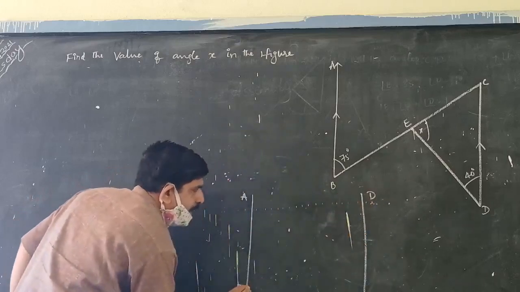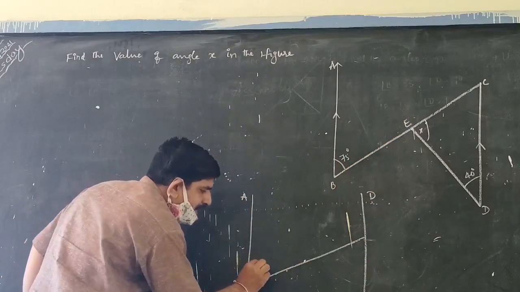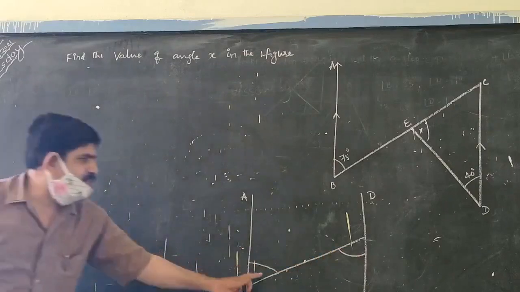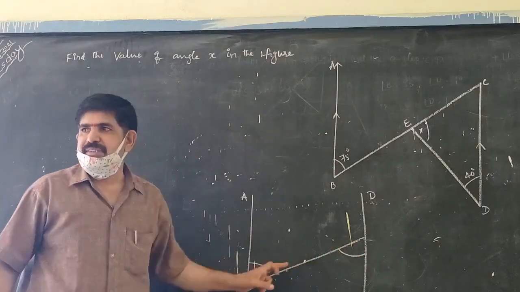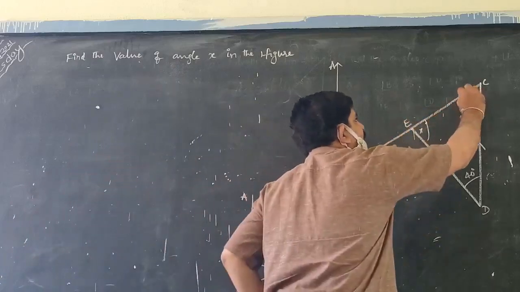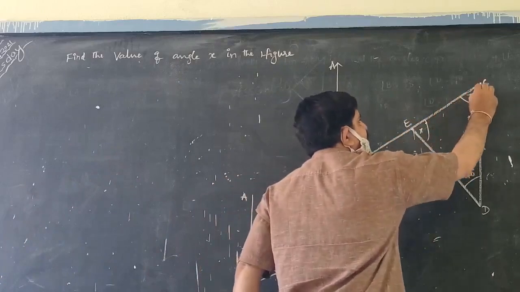Now this is the transversal. What are these two angles? Interior opposite angles. So this is 75 degrees. Then what is this angle? 75 degrees.